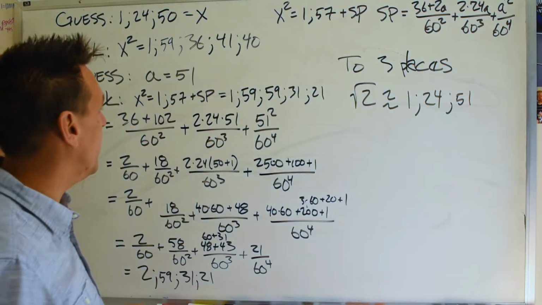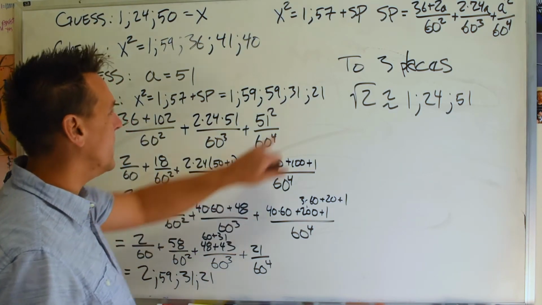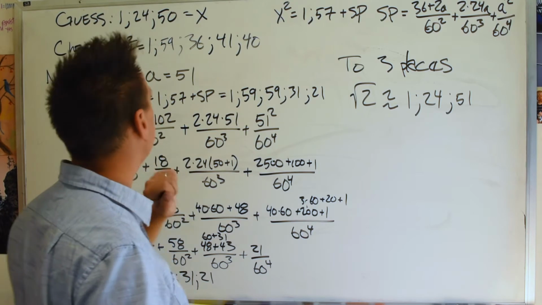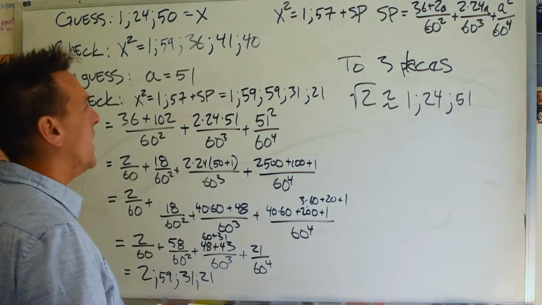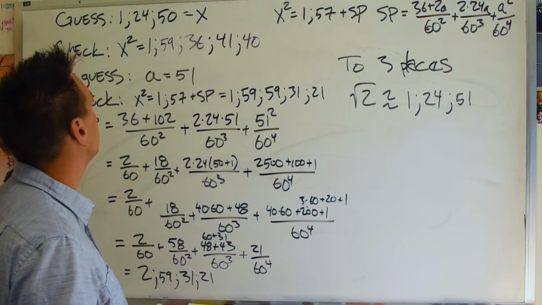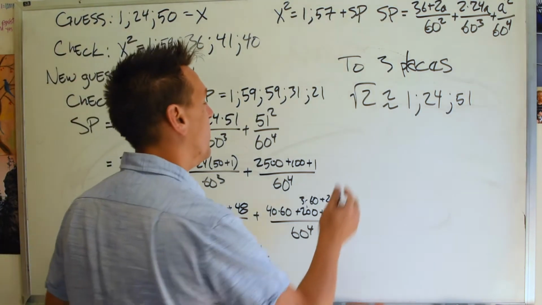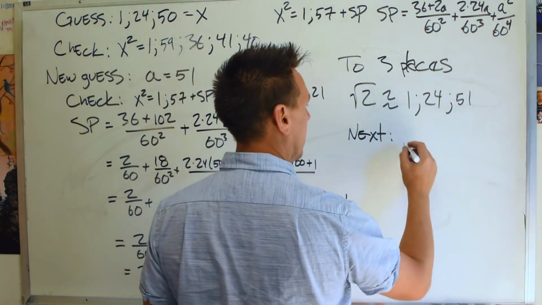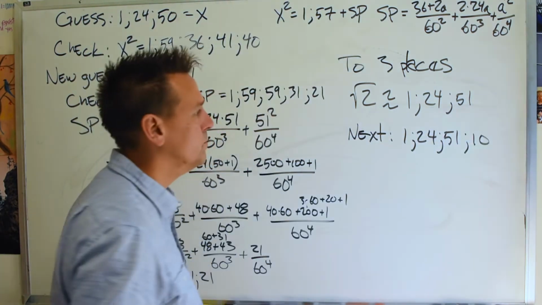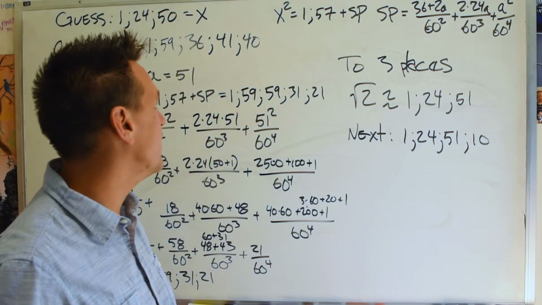And I'm pretty close. So if I want to go another place, what should I guess here? If I want to change that next place by half a unit, I think I might start something small. Like my next guess might be 10. But I'm really just pulling that out of thin air. But it seems like a worthy thing to try.